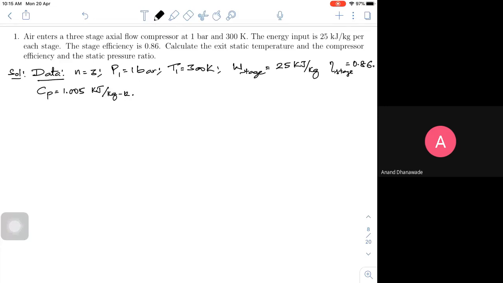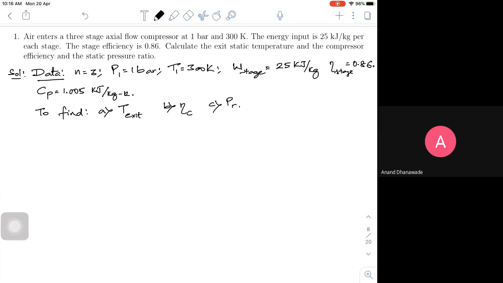And we are supposed to find, A, the exit temperature, let me call it the exit right now, we'll give the number later on. Then B is the compressor efficiency and C is the pressure ratio.